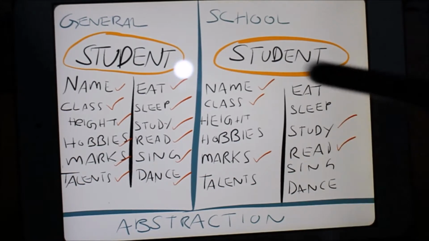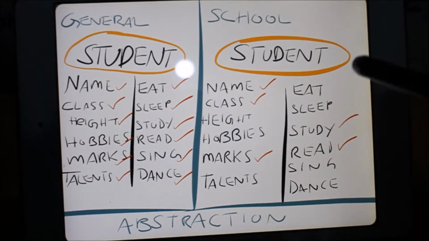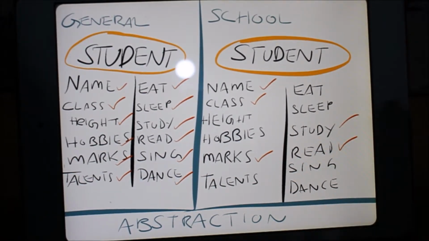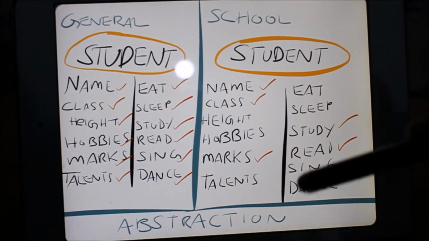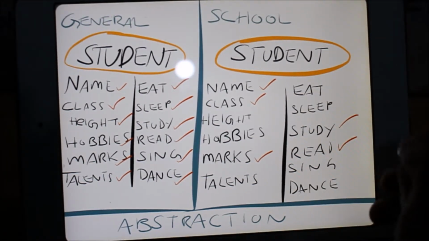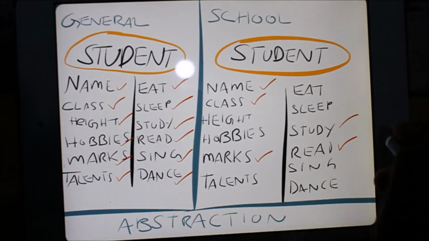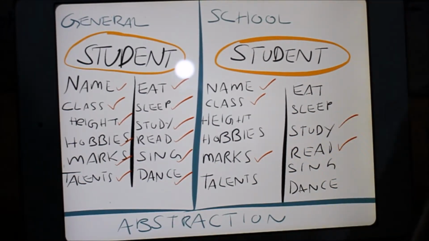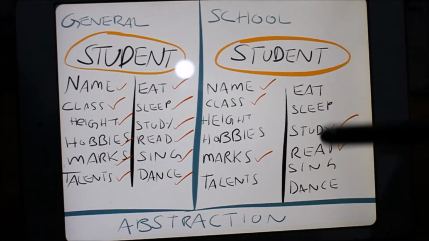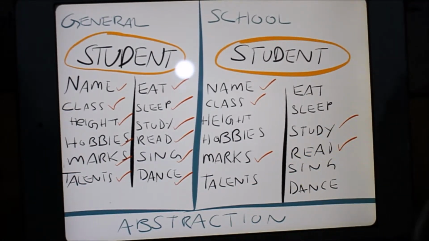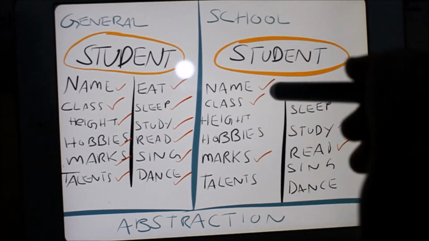The others are not very important over there. And the functions, only study and reading is important there. If you take the instance of a talent show, maybe singing and dancing will also come. So this process is abstraction, and a class does this. That is, in the school, this object student is abstracted to only its required functions.